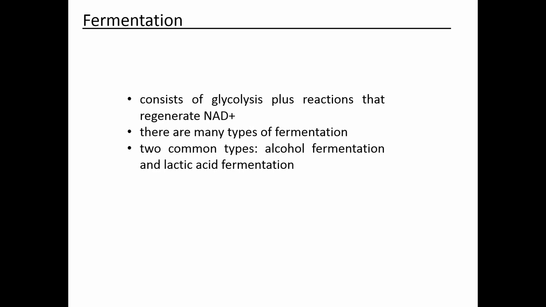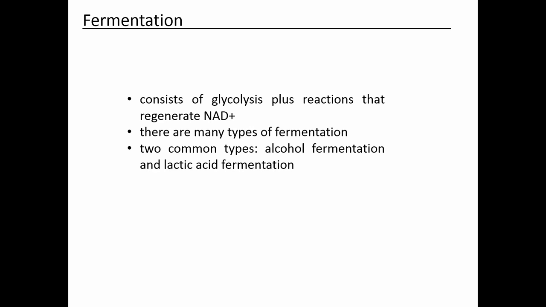Okay, then what happens in this pathway is the 2 acetaldehyde molecules that you make are going to be reduced, and the electrons that are used to reduce them come from NADH. So acetaldehyde gets reduced, NADH gets oxidized to regenerate NAD+, and acetaldehyde is reduced to ethanol.